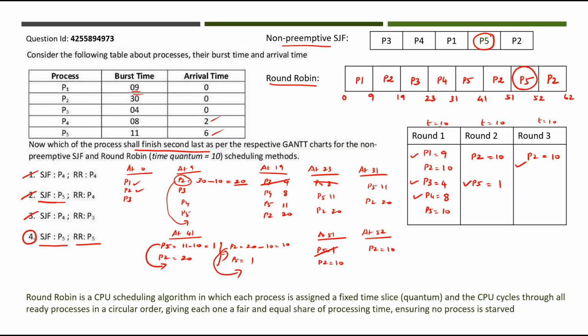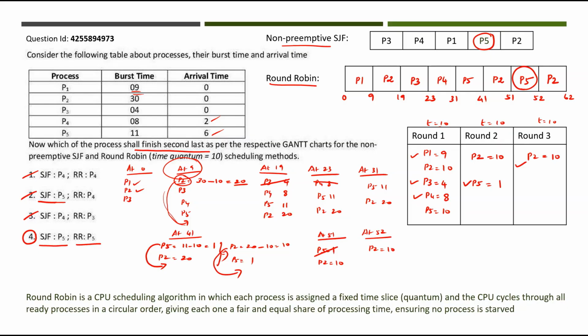For the first round, all the processes will be allowed inside in order based on the arrival time, and for the second round, whichever process is incomplete with the remaining burst time, they will be entering in the same order. Say for example, when P2 is getting executed here at 9, once it finishes its time, it will go and sit next to P5.